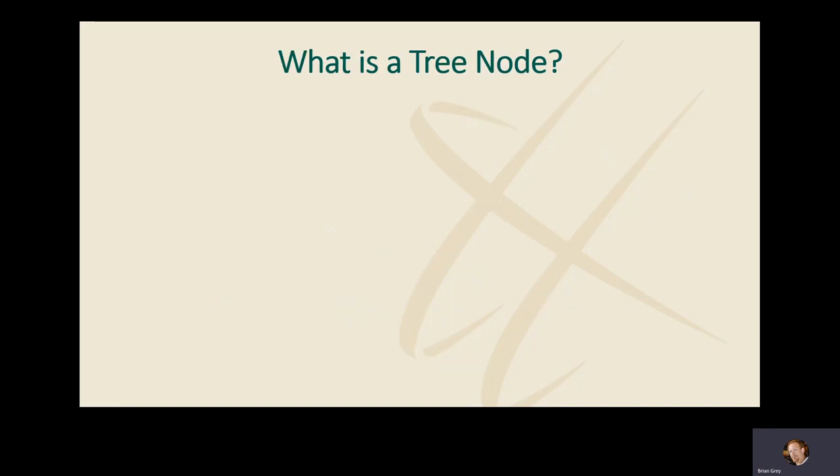But we've said the word node so often. Now we need to talk about what it is, okay? I know this is going to be unsurprising to you, but it is similar to a node in a linked list, okay? And it contains data. It contains the elements of the tree. This is the thing that contains our actual information.